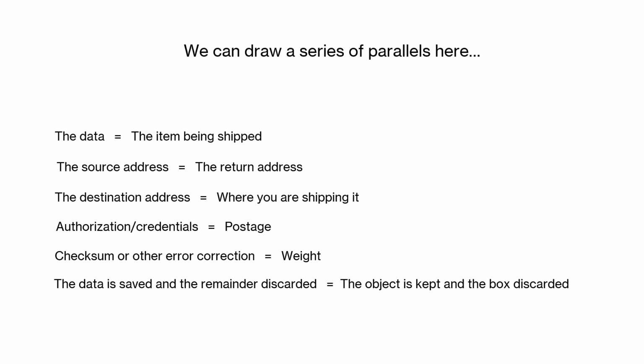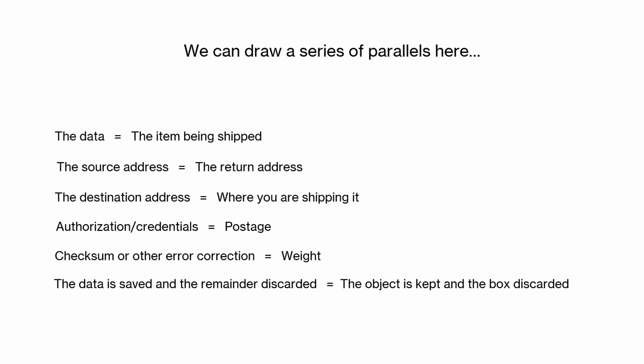We do the same thing when we receive our package. We keep the object out of the package and we throw away or recycle the box. So we've drawn parallels from 6 different pieces of information that are typically included. Well, it's actually 5 pieces of information and one is a matter of process, but these are details.